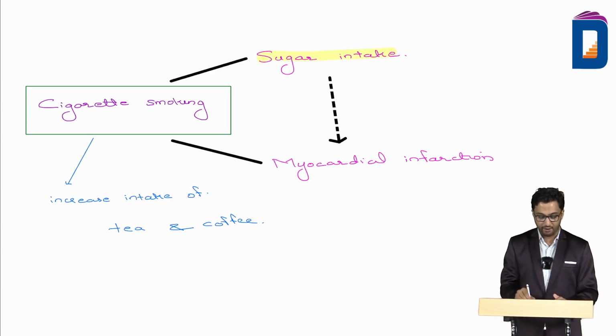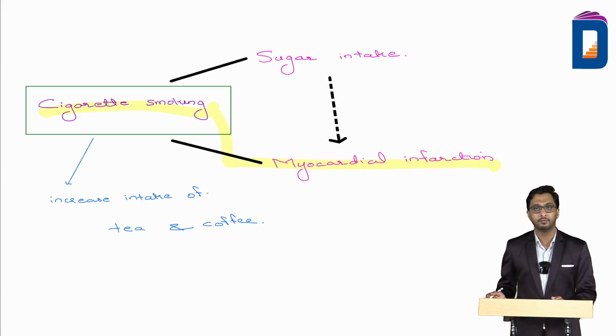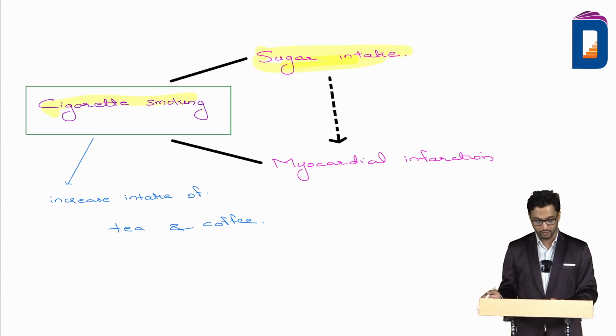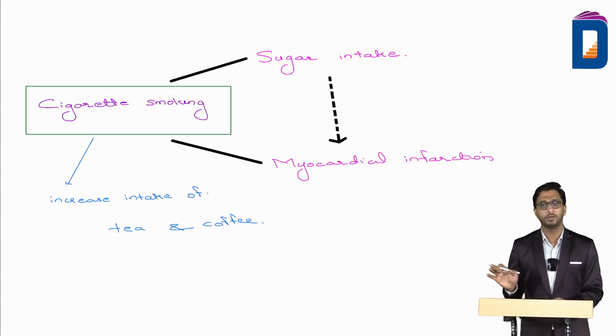So that's the reason they have more sugar intake, and not this association. The major association is between these two, cigarette smoking and myocardial infarction. But this association with sugar intake was due to cigarette smokers taking more sugar in the form of tea and coffee. Hope you understood. Okay, it's very simple.